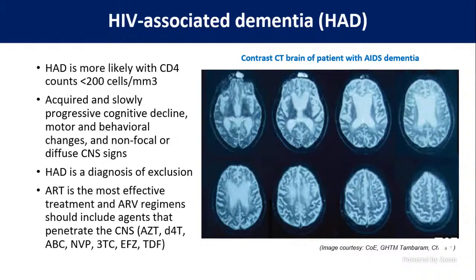And like I said, ART, especially ART drugs which penetrate the CSF, like zidovudine, stavudine, nevirapine, TDF, have high CSF penetration. So your regimen should preferably contain one or more of these agents. But again, if it has been there for a very long time and the patient has severe dementia, then it is not very responsive to many forms of treatment. Next.